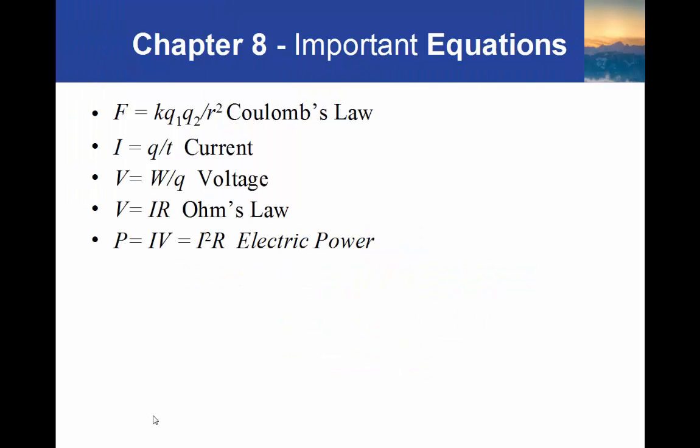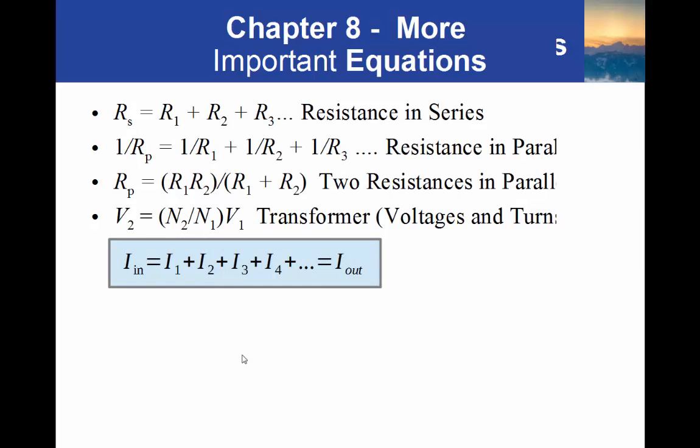So again, these equations are presented just before the exercises section of the text at the end of the chapter. And of course, they are also found within the notes and within the text itself. We have a few sets of important equations because we also have equations that go with resistance in series, resistance in parallel, and transformers.